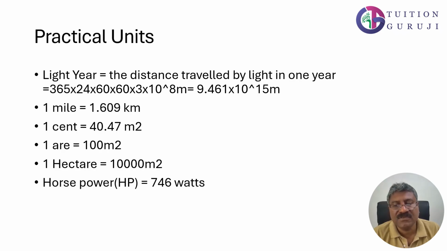It will give 9.46 × 10^15 meters. 1 mile is 1.609 kilometers, and 1 cent, which we use to measure the area of land, is 40.47 meters square. 1 are is equal to 100 meters square, and 1 hectare is equal to 10,000 meters square. 1 horsepower is equal to 746 watts.